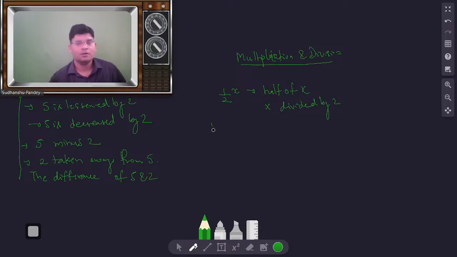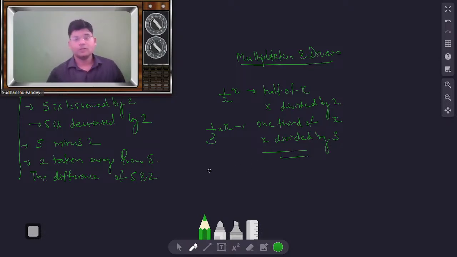So 1 by 3 into x can also be termed as 1/3 of x, or I can also say x divided by 3.